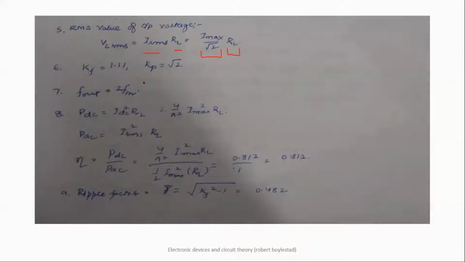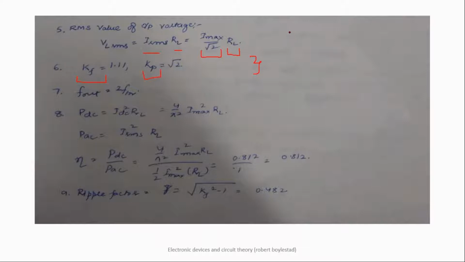Next important factor as far as rectifiers are concerned is form factor and peak factor. So I think you have not studied basic electrical engineering. So I will be discussing them in later slides or maybe in the next lecture. This is form factor. This is your peak factor.